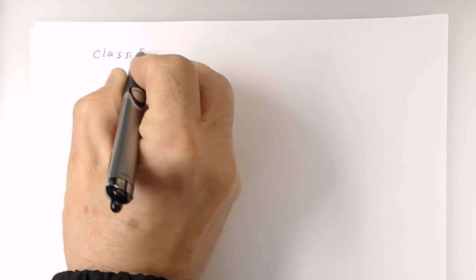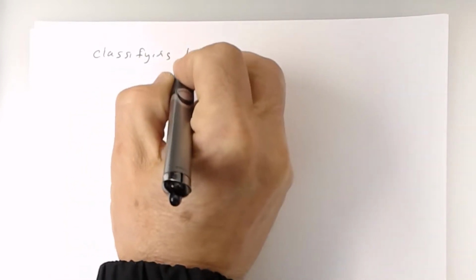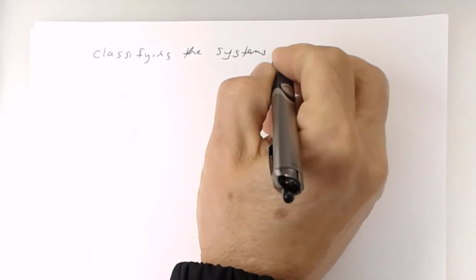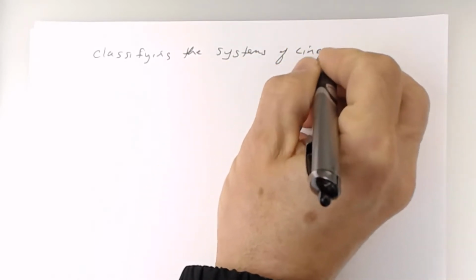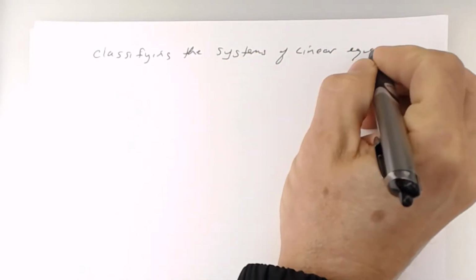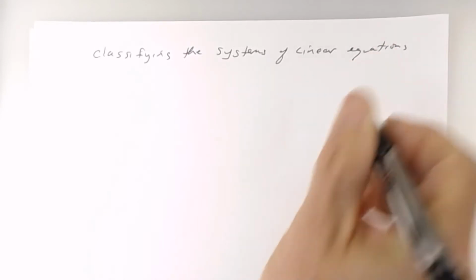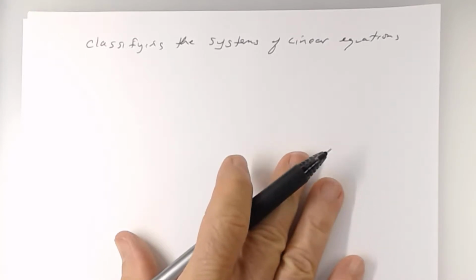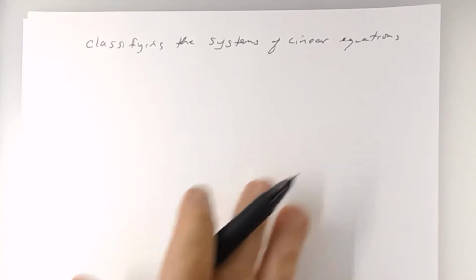So what we're going to look at is classifying the systems of linear equations. Remember, the first thing we did was graph the systems, and when we graphed, we only did one, but it intersected.